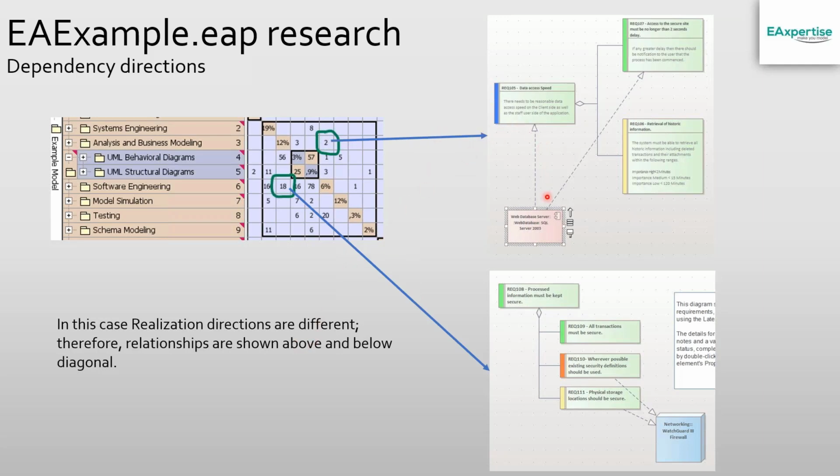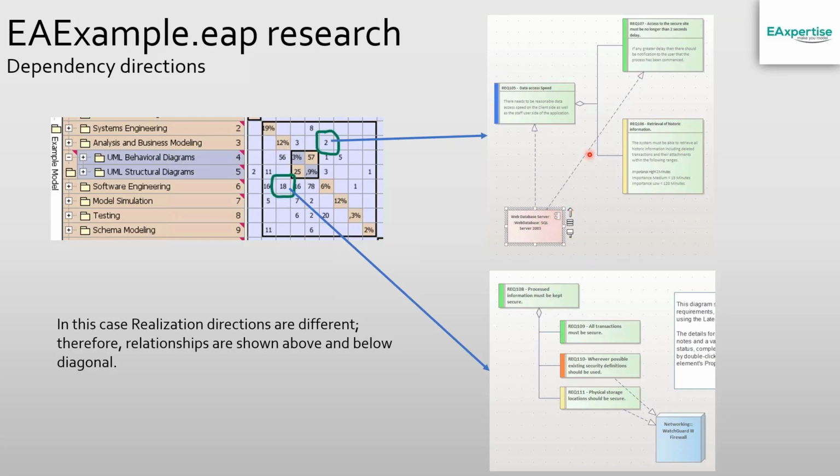So I found the 2 diagrams, and what you see here is that in normal situations, in normal modeling, in most of the diagrams and the models, there's a relationship going from a requirement to another element.